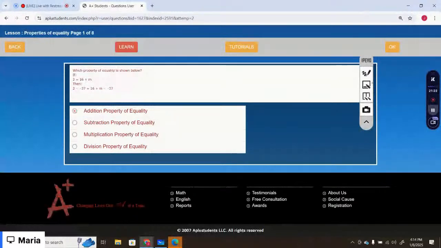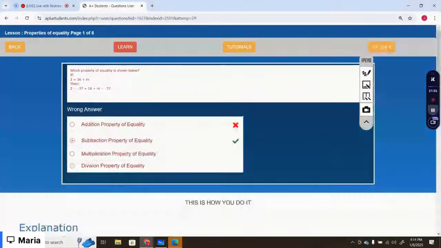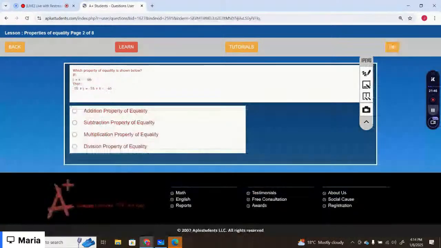The value of z is 16 plus m. That is the addition. Oh, that is subtracting. So that is the subtraction property of equality, right? Option number 2 is the correct option.